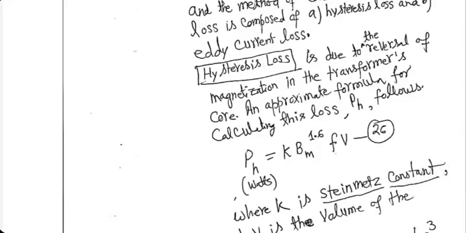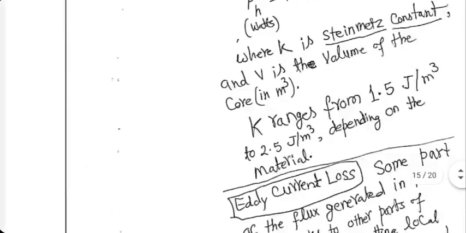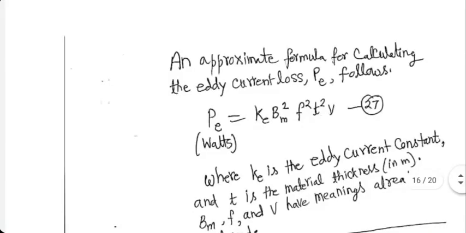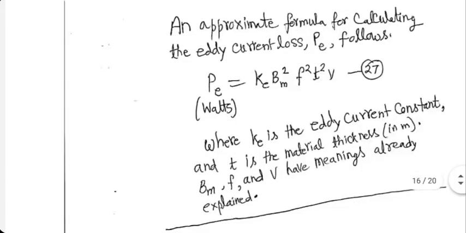So you can see the fact that eddy current losses are higher if frequencies go up. T is the material thickness. That means each of the stampings or laminations, how thick it is, that matters here. So you can imagine if T is small, the loss goes down. That's why we cut the solid core into thin wafers to reduce this loss.